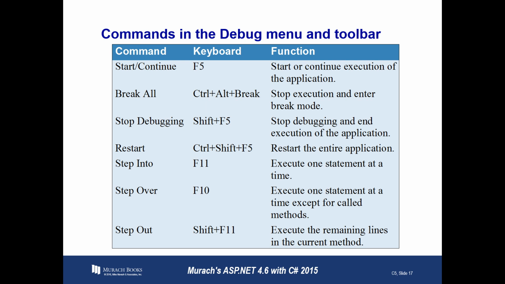If the program is running and it appears to be in a loop or it's stuck, you can at least try to get it out with a Control plus Shift plus F5, which, as mentioned here, should restart the entire application. Then you've got the 3 step methods. F11 is probably the most interesting because what F11 does is it runs your program one statement at a time.